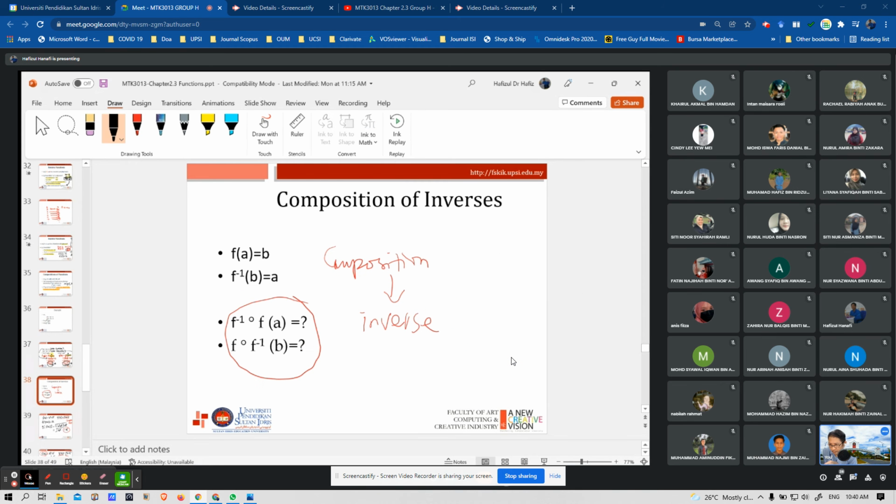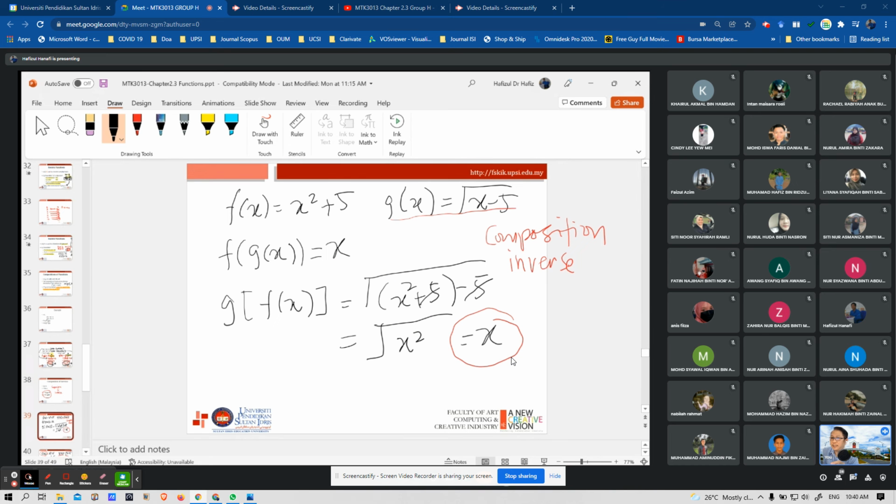And then find the composition for the inverse function. Let's say you have f(x) equal to x to the power of 2 plus 5, and g(x) is x to the power of 2 minus 5. And then you want to compose the functions and inverse the functions.